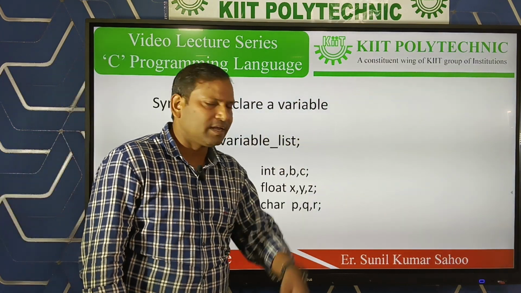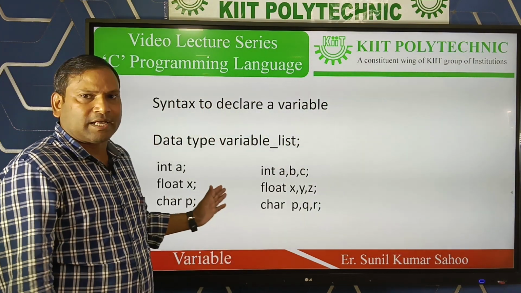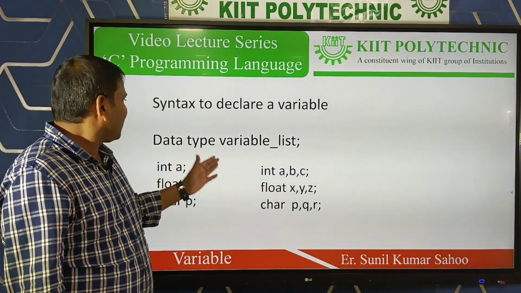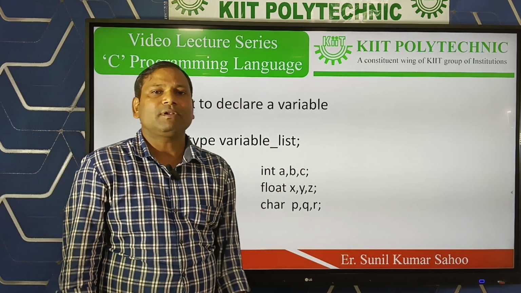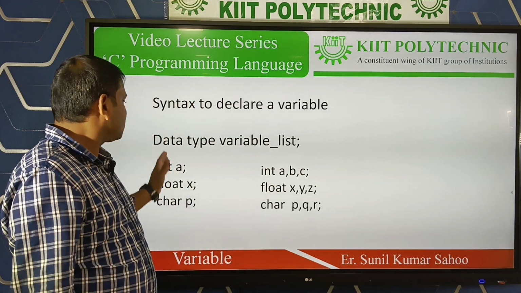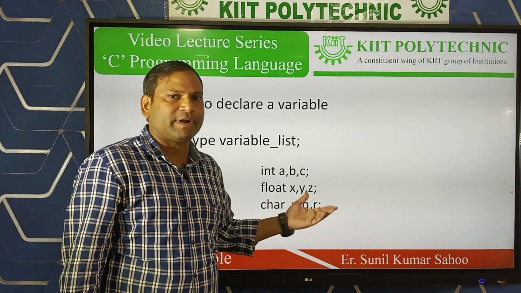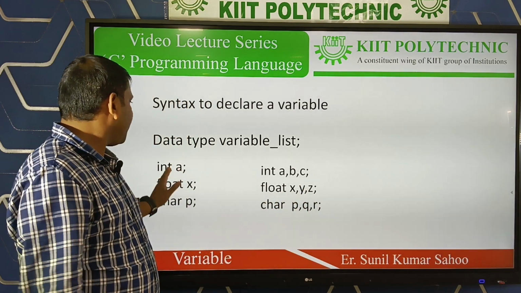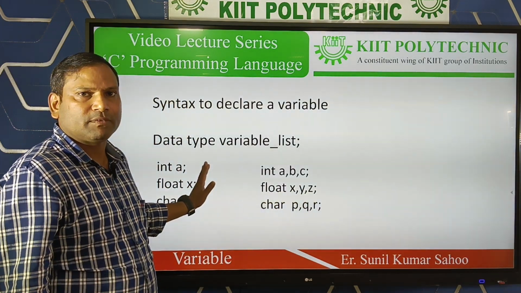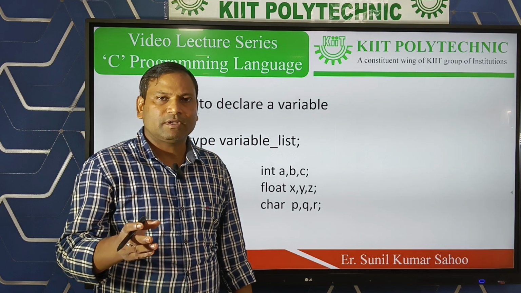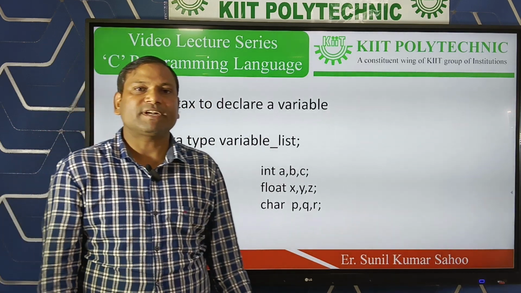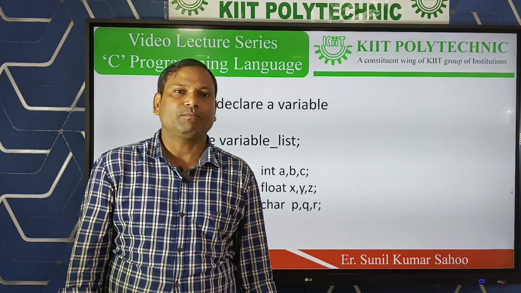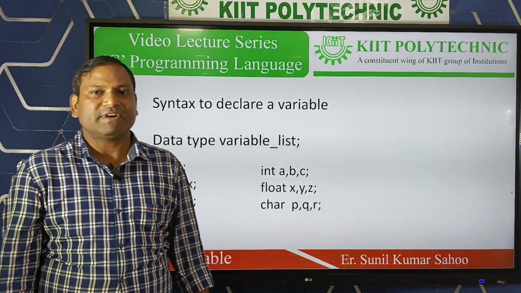Syntax to declare a variable. If you want to declare a variable, the syntax is data type, then the variable list. I have already explained the data types in the previous slide, for example int, then the variable name. There are certain rules and regulations for declaring a variable. If you follow them, errors can be minimized.